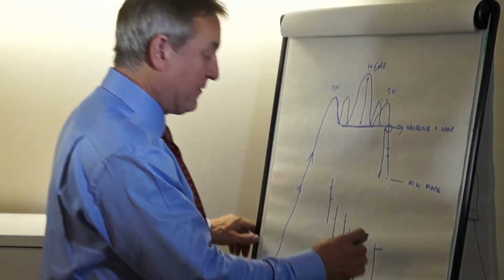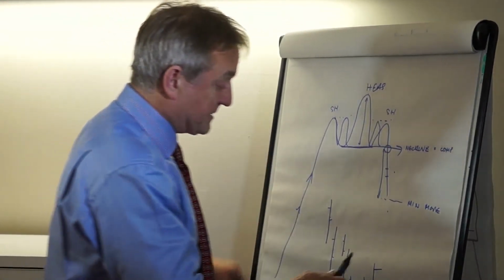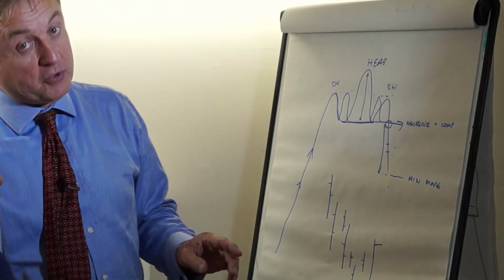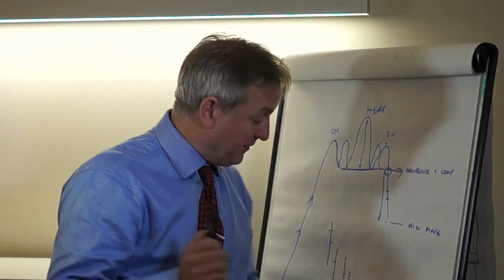And that is called a key reversal. If it's a day bar chart, it's a day key reversal. More importantly, if it's a weekly bar chart, it's a weekly key reversal.